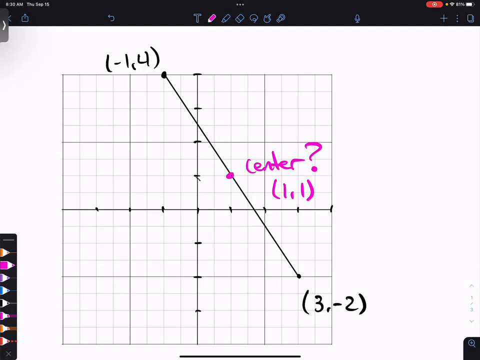Center at 1, 1, we think, maybe, like I plot that point, it looks about right. I don't know for sure yet, because I'm still trusting my drawing at this point, if it actually hits that grid point, or if it's like 0.95 or something, right? How can we get more detail about that?